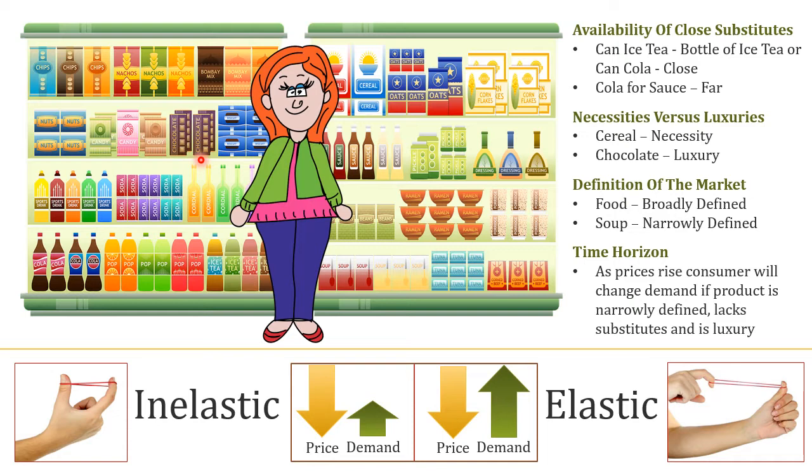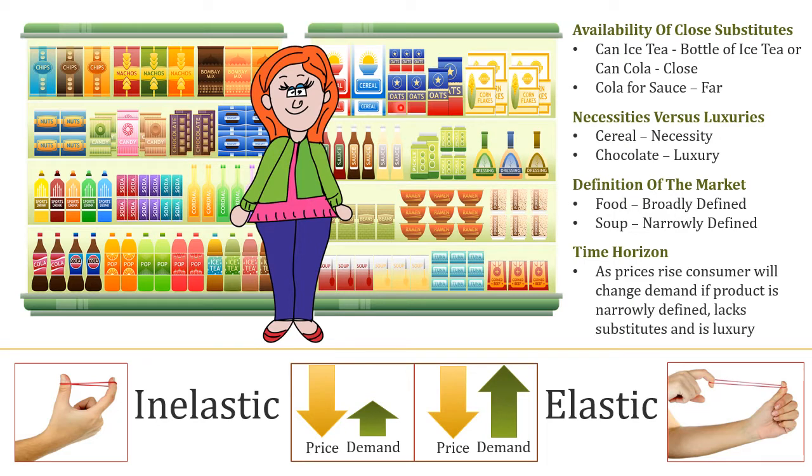Now at first, she might not change too much because she really likes chocolate. But over time, as the chocolate prices went up, she started looking at that candy because the candy didn't go up in price. And so she might switch from the chocolate over to the candy. In fact, if the candy prices go up too, after a while, she may just say, I'm going to find something else to satisfy my sweet tooth.